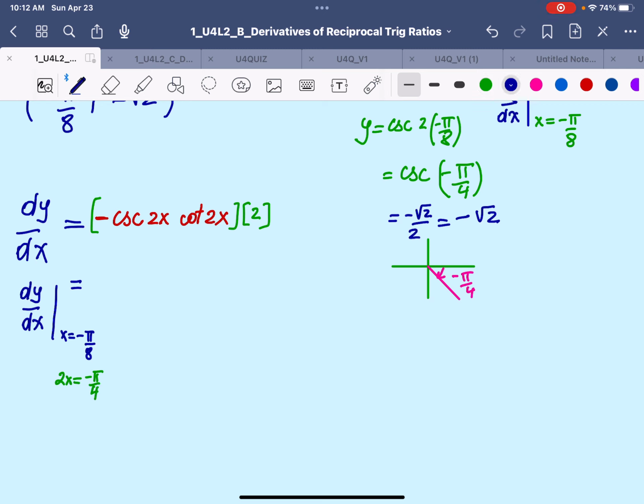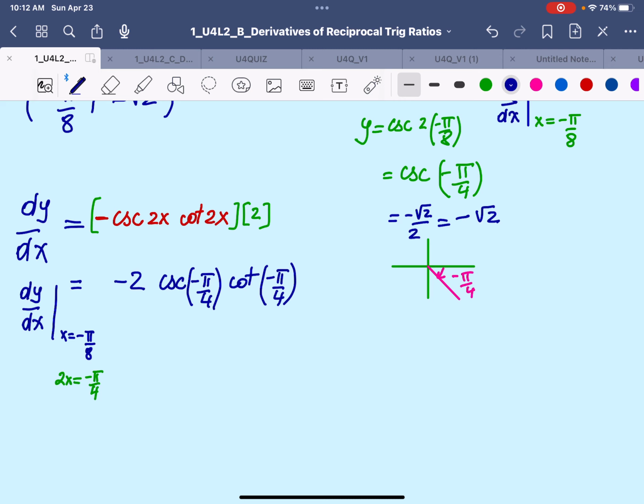So here we go. We have negative 2, which I'm going to bring to the front, and then the cosecant of negative pi over 4 times the cotan of negative pi over 4.